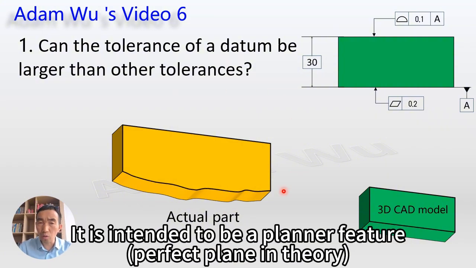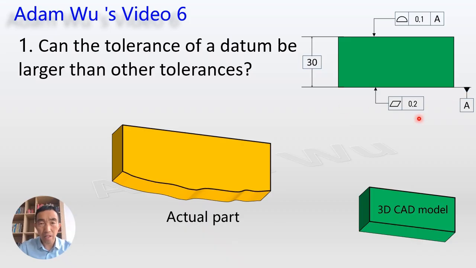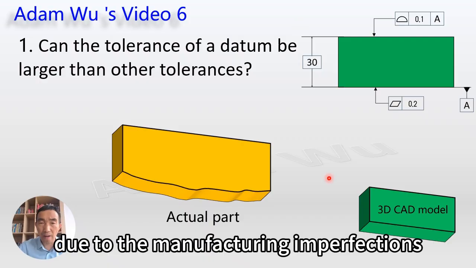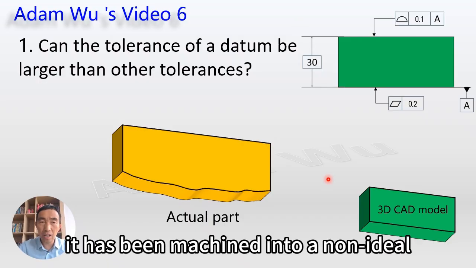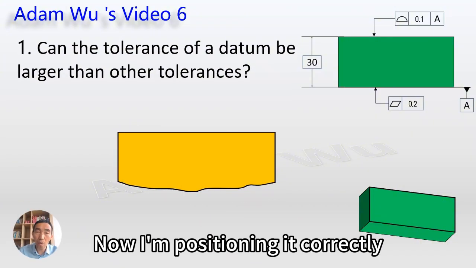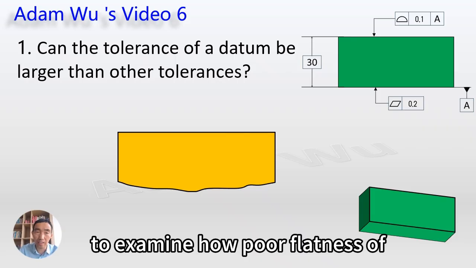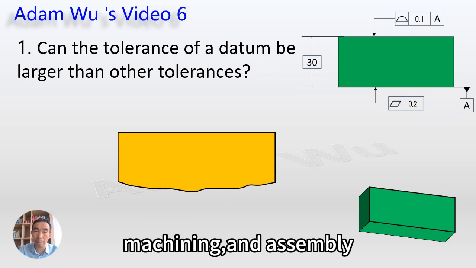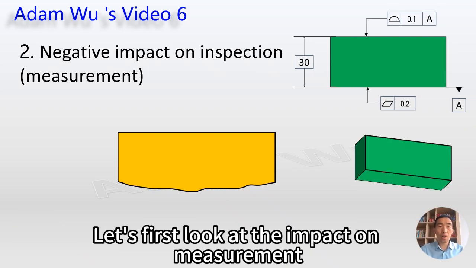It is intended to be a planar feature, but in the real microscopic world, due to manufacturing imperfections, it has been machined into a non-ideal surface with form deviation, effectively becoming a curved surface. Now, I'm positioning it correctly to examine how poor flatness of the datum feature affects inspection, machining, and assembly. Let's first look at the impact on measurement.